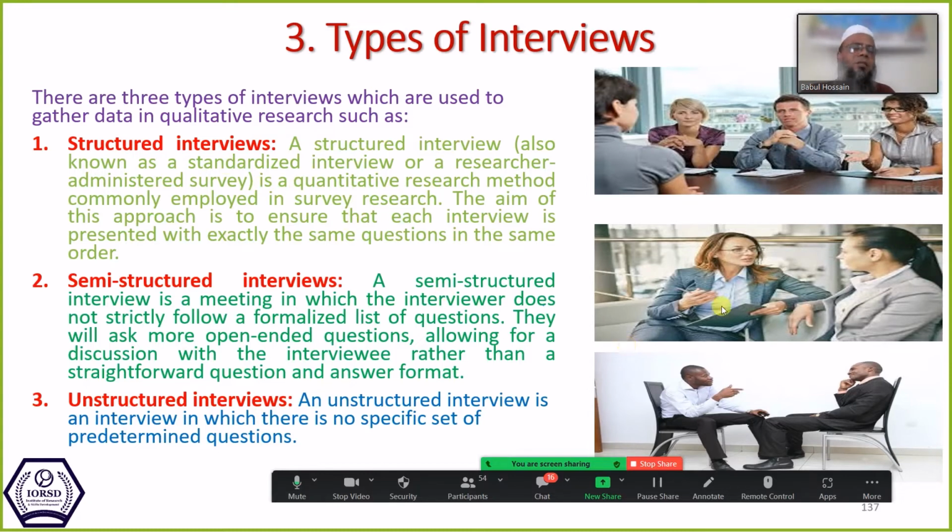In a semi-structured interview, you have some questions, and when the respondent answers, you ask relevant questions from his or her answer. Then the unstructured interview is an informal way of taking an interview. There are no predetermined questions.